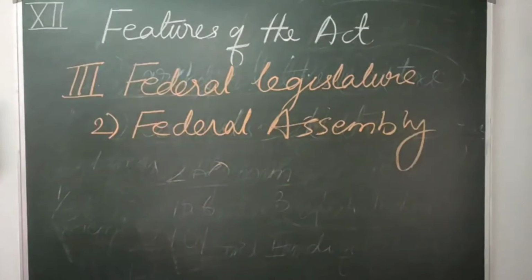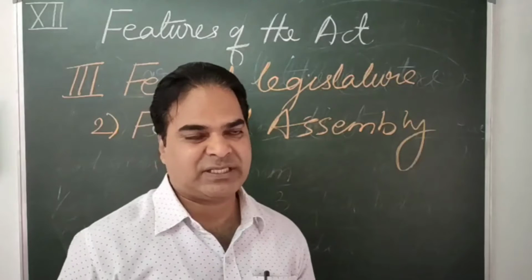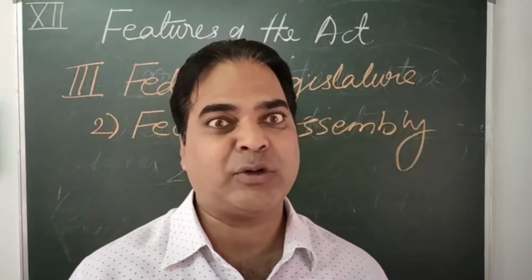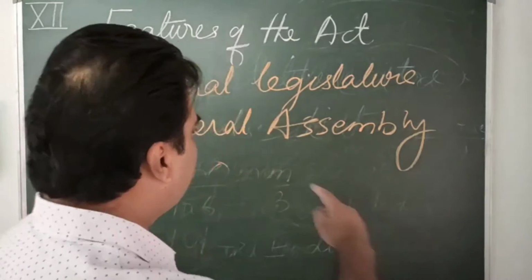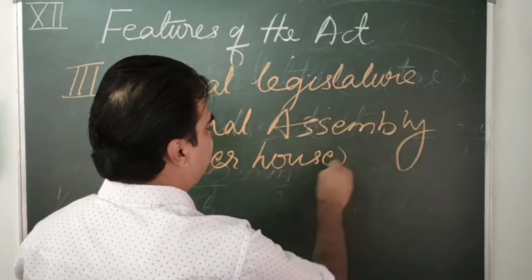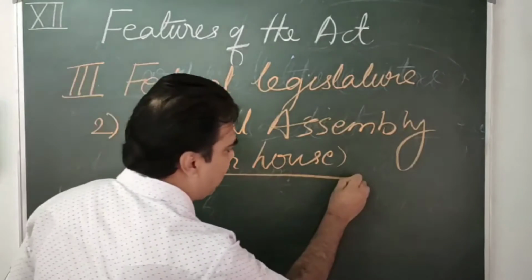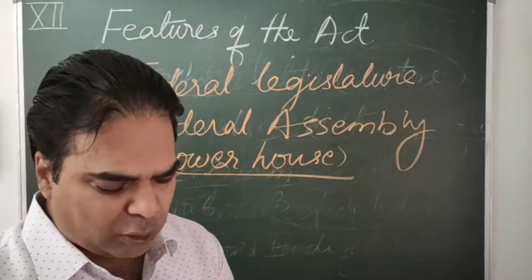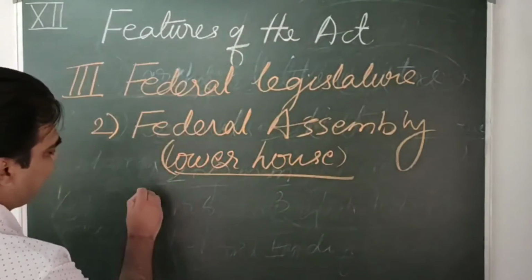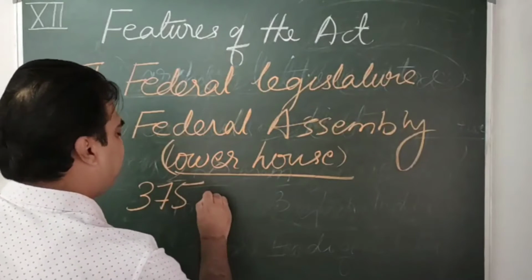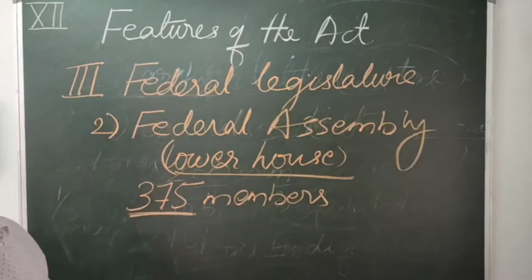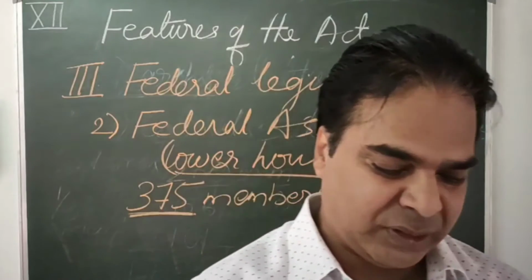Now the next one, the Federal Assembly. The first one was the Council of States, and the next one is the Federal Assembly. Like we have Lok Sabha at present, this was the lower house. The Federal Assembly consisted of 375 members.